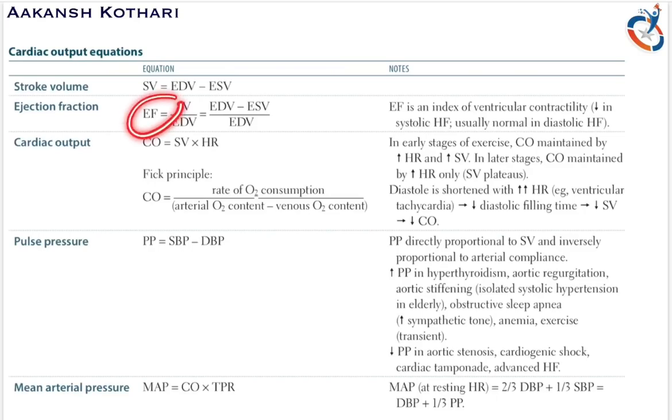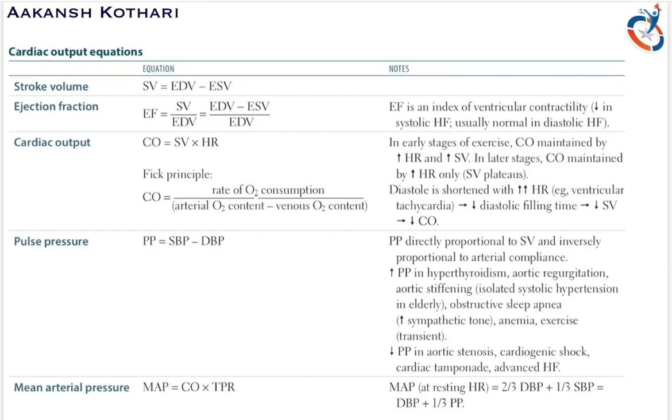That means ejection fraction usually decreases in systolic heart failure, whereas it remains normal in diastolic heart failure. So it is a distinguishing feature of systolic and diastolic heart failure that if there is a decrease in the ejection fraction, it means systolic heart failure, and if the ejection fraction is normal, it means diastolic heart failure.